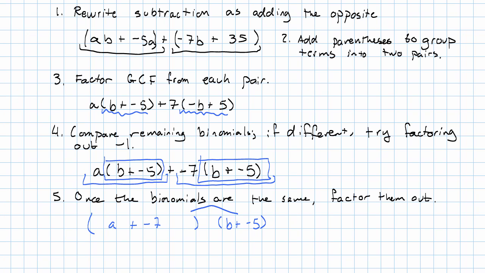Notice if we use the distributive property here, treating b plus negative 5 as a unit, we would get back up here. So our factors then are a minus 7 and b minus 5. This move where we treat the binomial factor as a unit is a little bit of an odd move. It takes some getting used to, but once we get used to it, it's actually extremely useful.